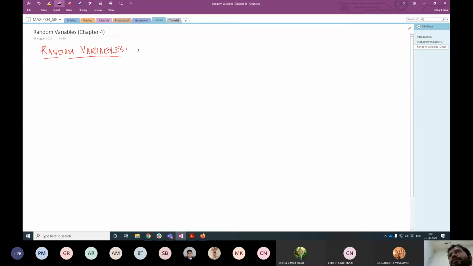So it's basically a function from the sample space to the set of real numbers.